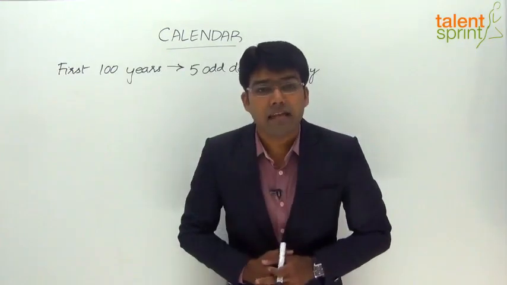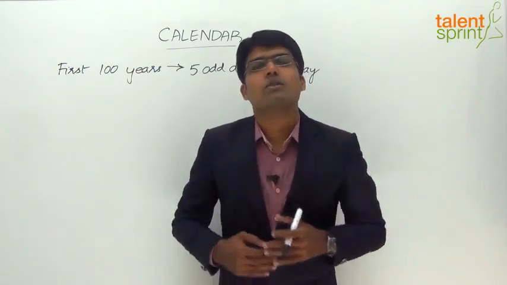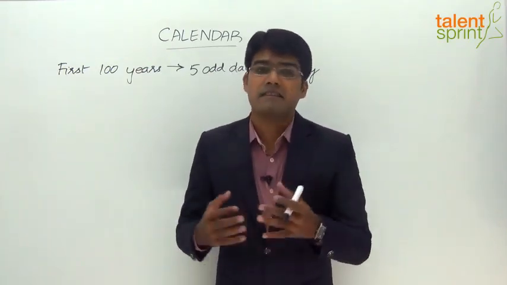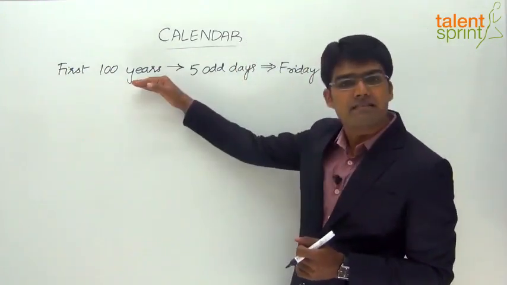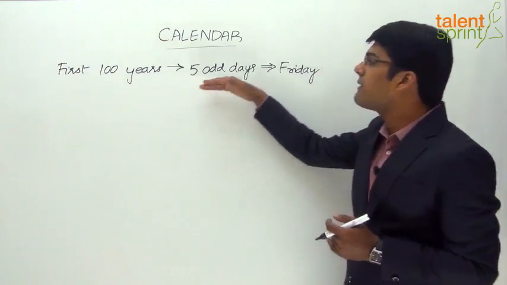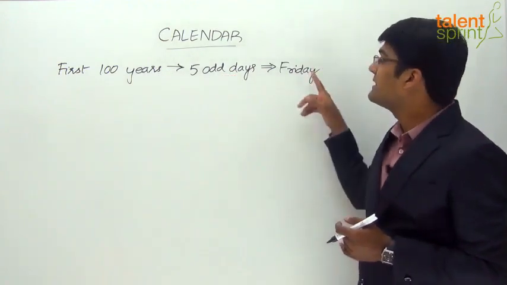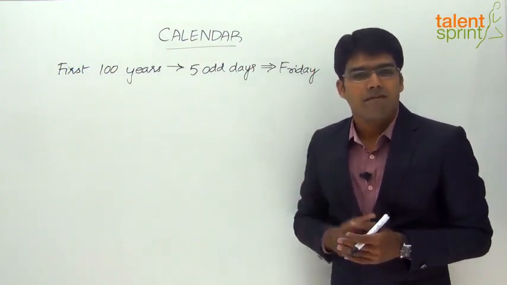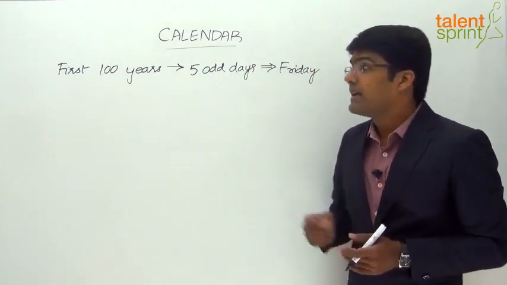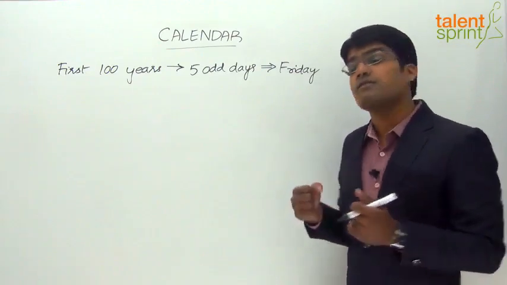Let us continue this calculation of number of odd days for the first 200 years, first 300 years, and so on. We have already calculated that in the first 100 years, that is in the first century, there were 5 odd days, which implies the last day of the century was a Friday, because 5 odd days means Friday. Let us now do the calculation for first 200 years.